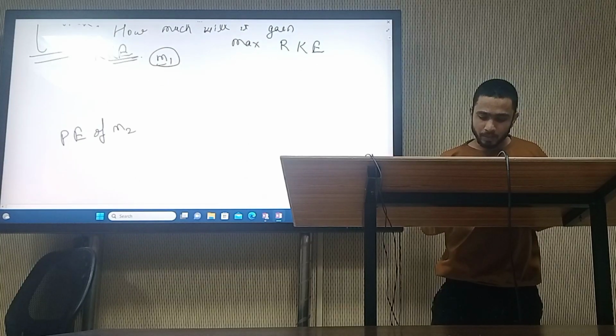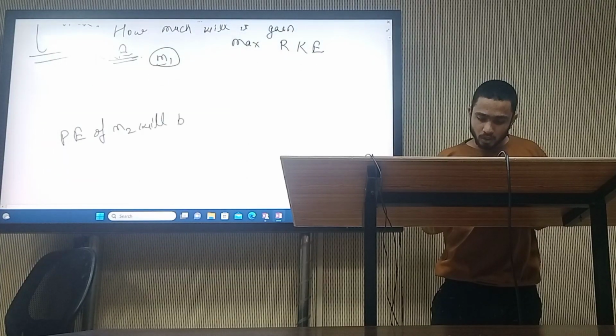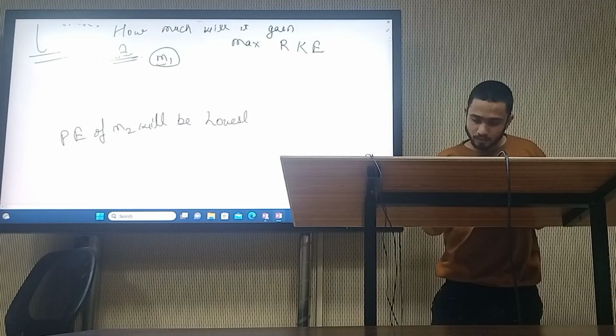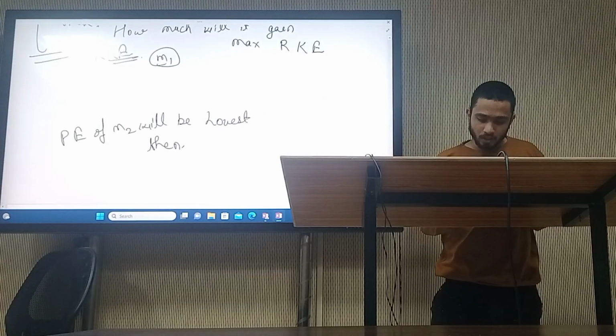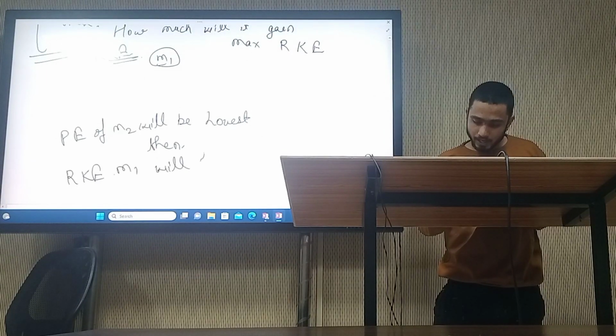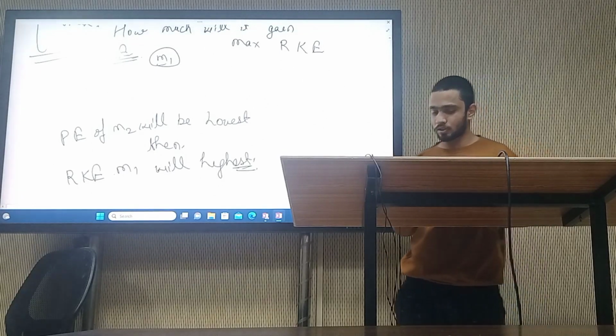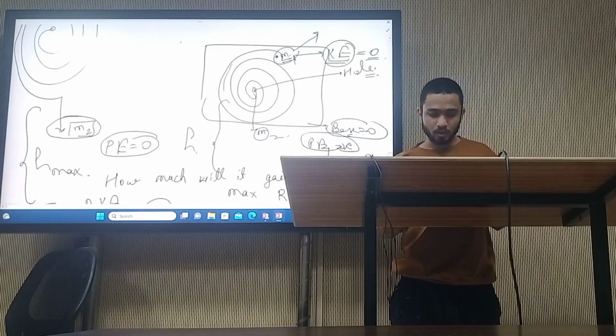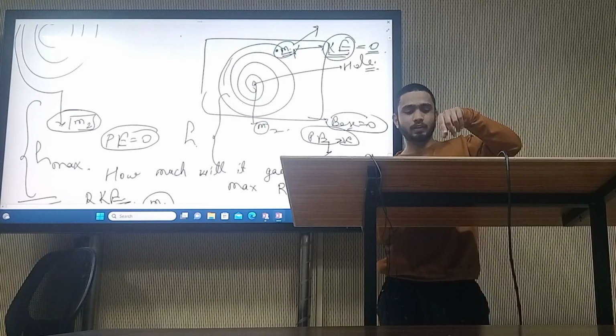When the potential energy of m2 will be lowest, then the rotational kinetic energy of m1 will be highest.